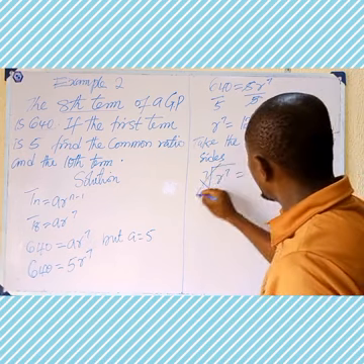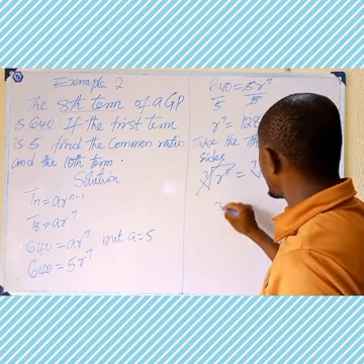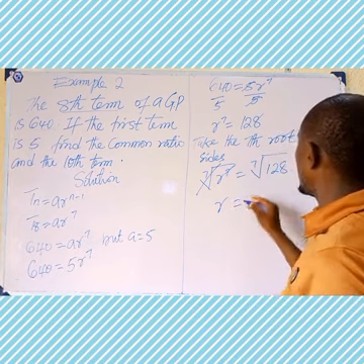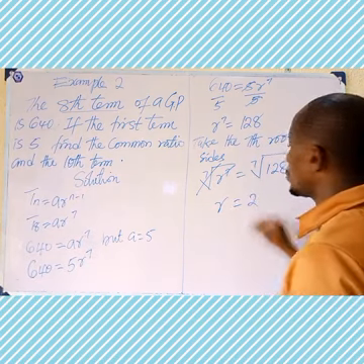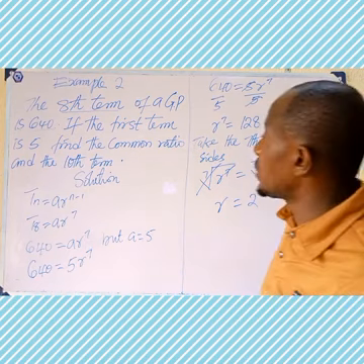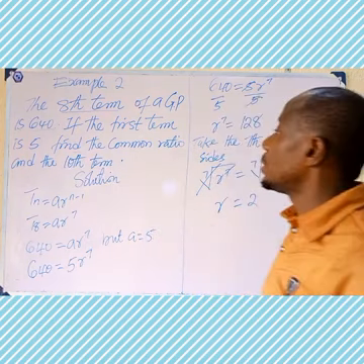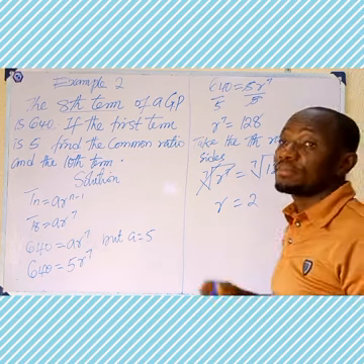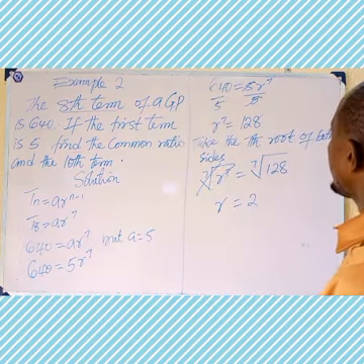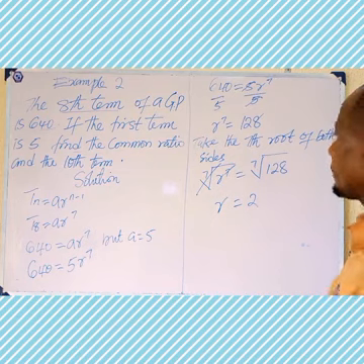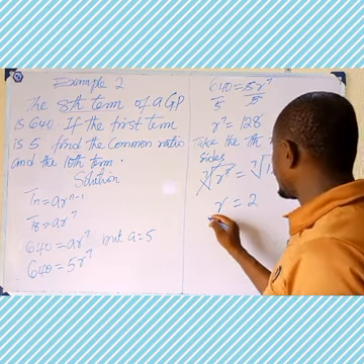So the 7th root will cancel the power of 7. So we have r, and the 7th root of 128 will give us 2. So we have answered the first question. So the next one says we should find the 10th term. Let's find the 10th term.